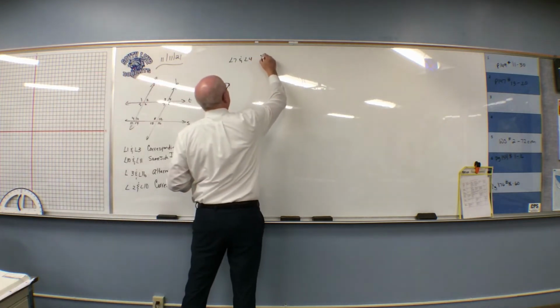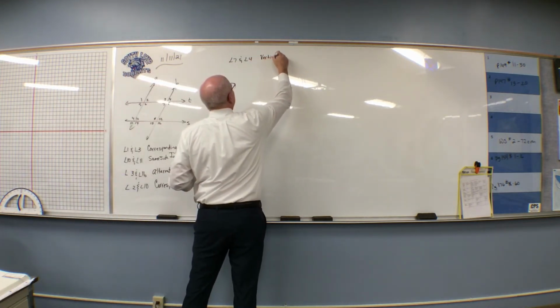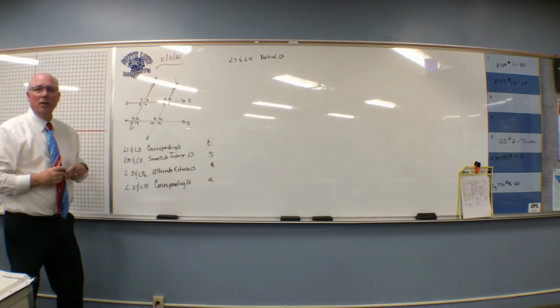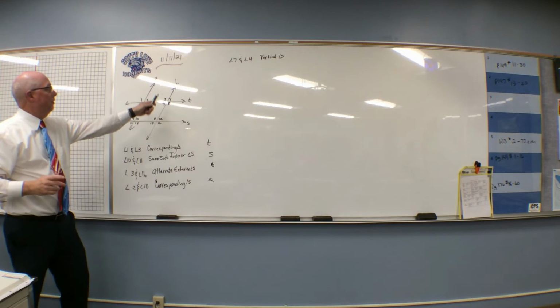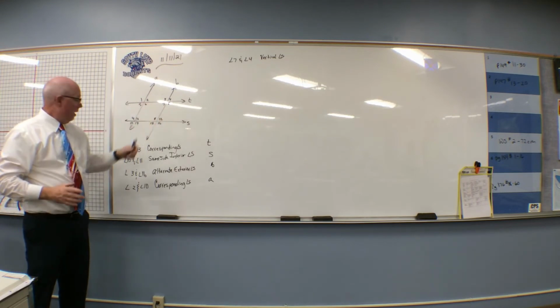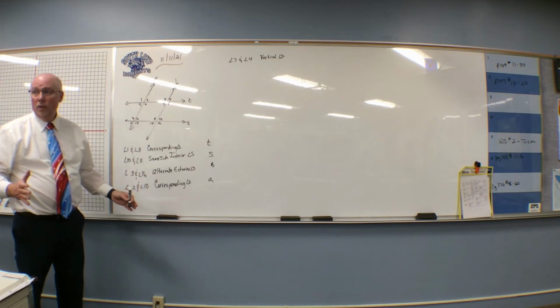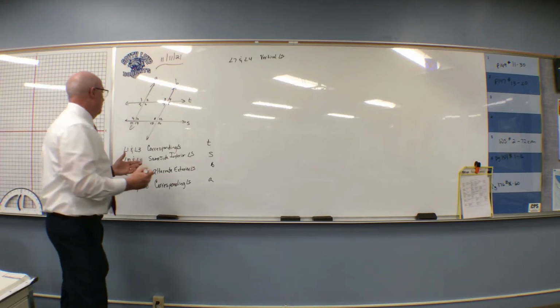And is there a transversal for vertical angles? No, there's not, because vertical angles are different. We learned them a long time ago. And can 7 and 4, are they congruent? Yes. Were any of these congruent or supplementary? No.